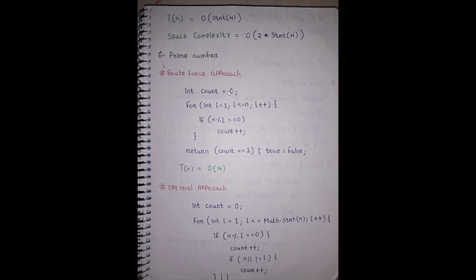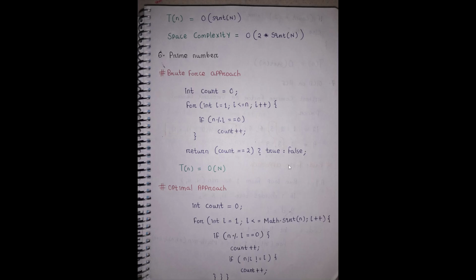If the count variable is 2, that means it's a prime number because the number has only two factors. That's only possible if it's a prime number. But if it has more than two factors, then the count variable will definitely be more than 2 and a false value will be returned.